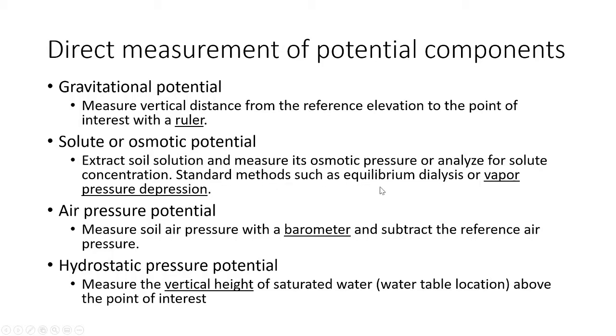Standard methods such as equilibrium dialysis or vapor pressure depression can be used. For air pressure potential, measure soil air pressure with a barometer and subtract the reference air pressure. And for hydrostatic pressure potential, we can measure the vertical height of saturated water, or water table location, above the point of interest.